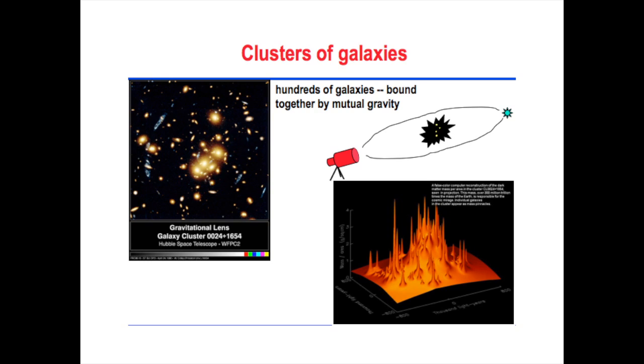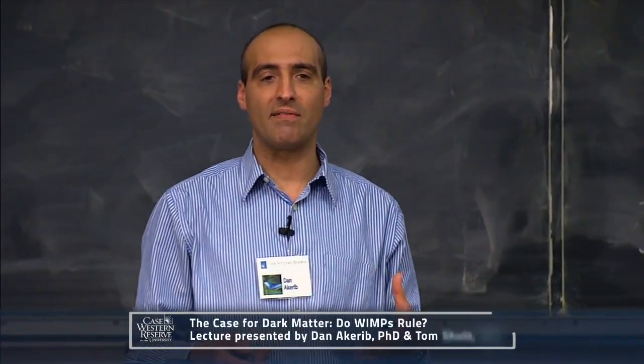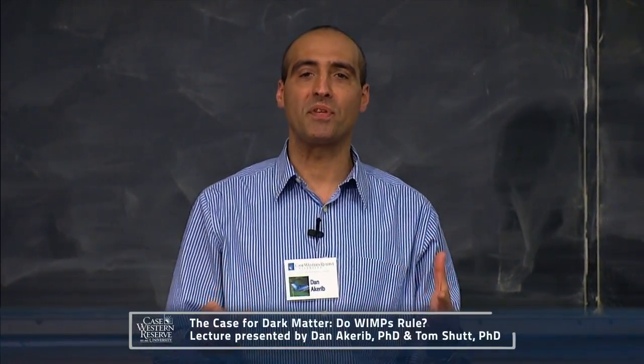Now, occasionally, one of these clusters of galaxies is perfectly aligned between the Earth and some very bright, distant background object. And what we learned from Einstein, as he advanced beyond Newton's understanding of gravity, is that very strong gravitational fields warp the space around them.